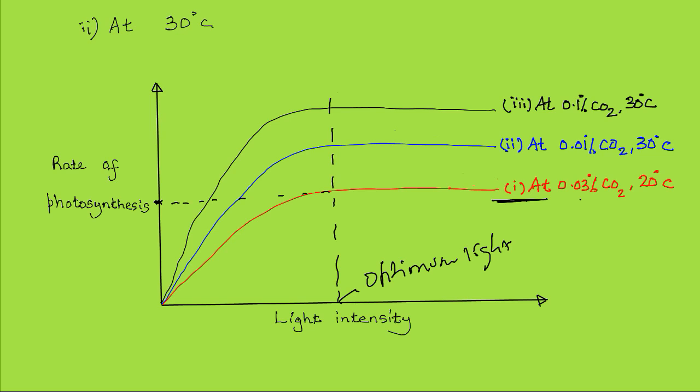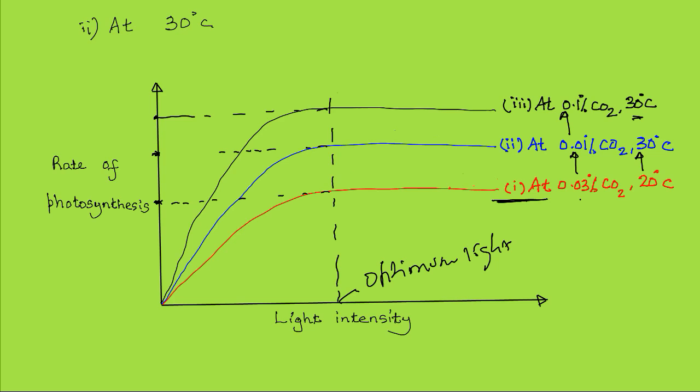If we increased the CO2 level and also increased the temperature, then the rate of photosynthesis increases substantially to this point. And if you are to increase the CO2 level further, but at the same temperature, the rate will also increase to a higher point.